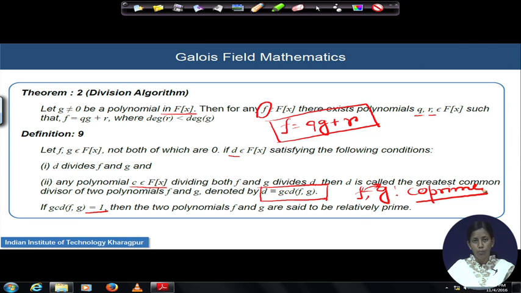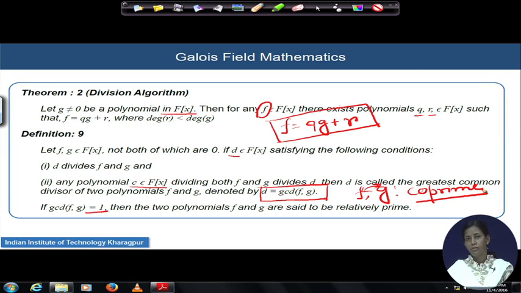Inside a group, the group consists of residues modulo p, with the prime numbers modulo p, and we saw that any two elements within 0 to p will always be co-prime.